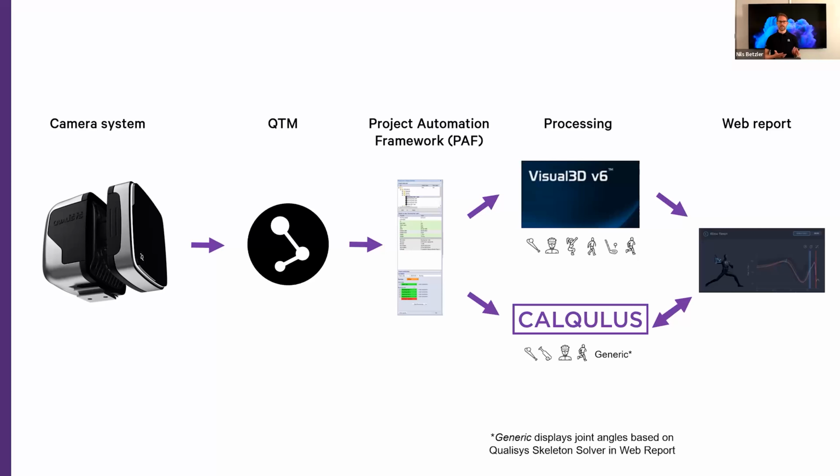So if you change anything in the Calqulus pipeline, like Raymond just showed in the example, it is possible to see this in the web report. Of course, what he showed, the development workflow, is not something you would do on a daily basis. If you're just running it like a traditional module, you would just do the first steps and collect the data, click upload to web report, and you would get the same web report as before.